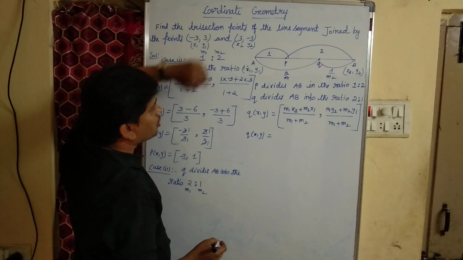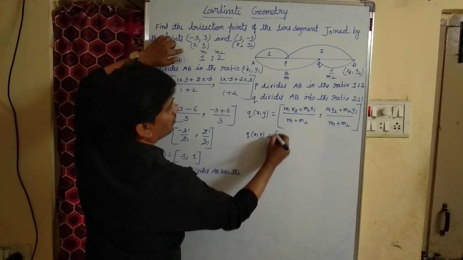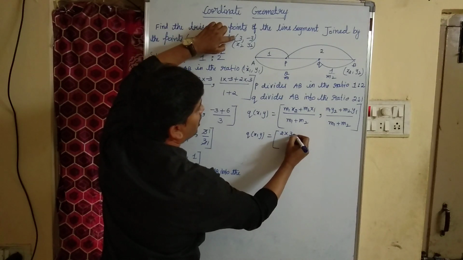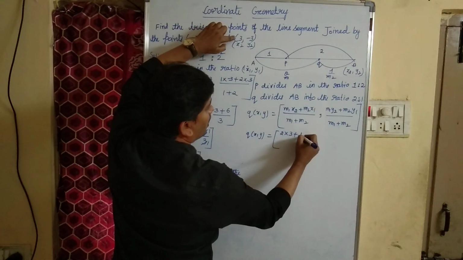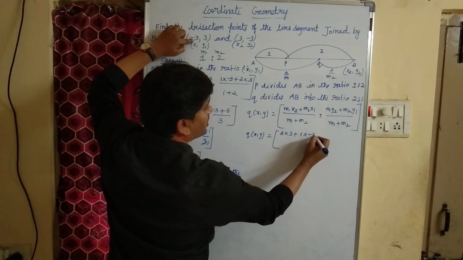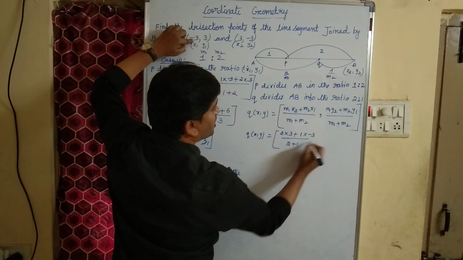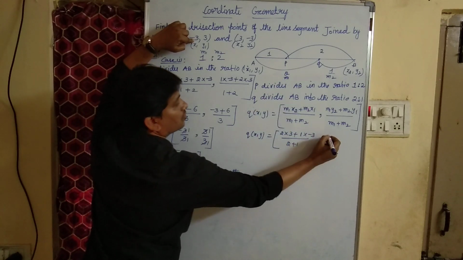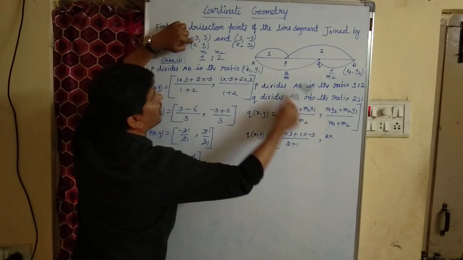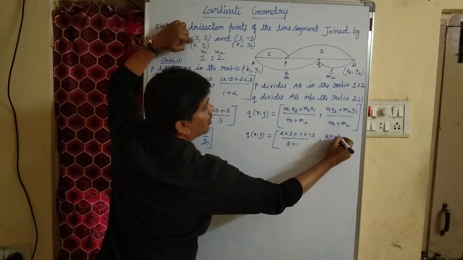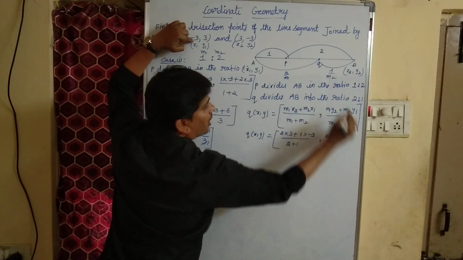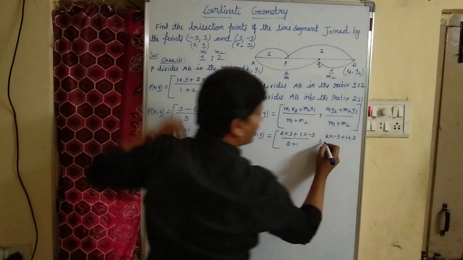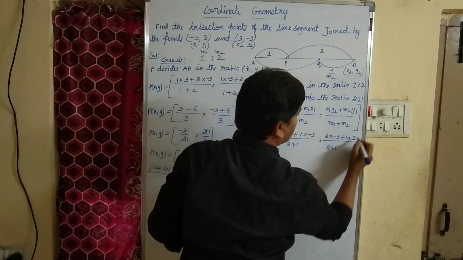Let us substitute now. m1 value 2 into x2 value 3 plus m2 value 1 into x1 value -3 divided by m plus n, comma m1 value 2 into y2 value -3 plus m2 value 1 into y1 value 3 divided by 2 plus 1.